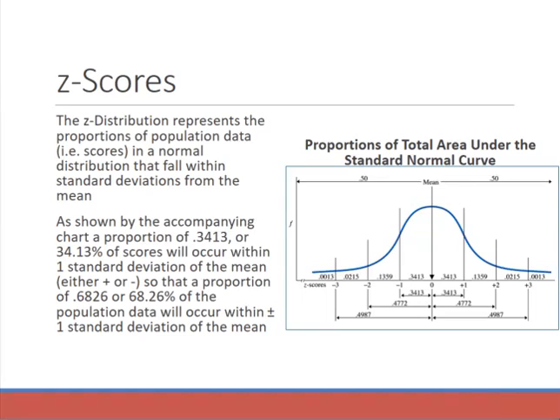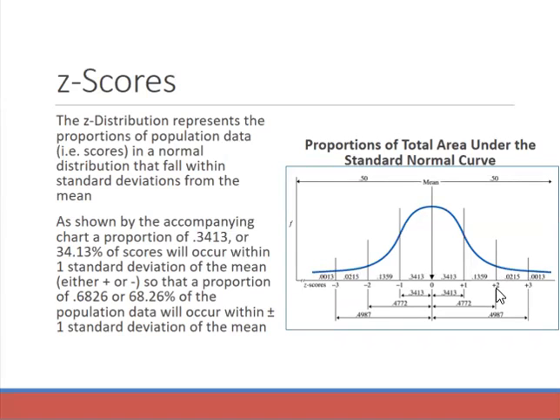So we always know that 34% of scores fall between the mean and 1 standard deviation. 34% fall between the mean and 1 standard deviation above the mean, and 34% are between the mean and 1 standard deviation below the mean, which means that if we add those two together, 68% of scores fall within plus or minus 1 standard deviation of the mean. That means 68% are between 1 standard deviation above and below.